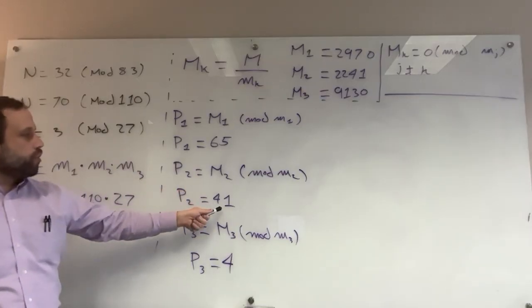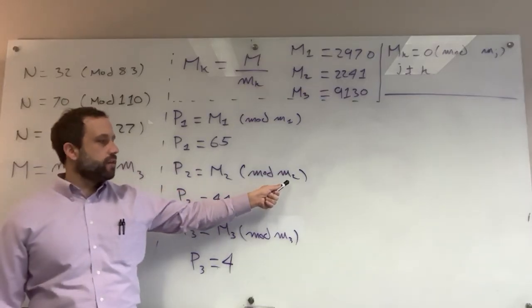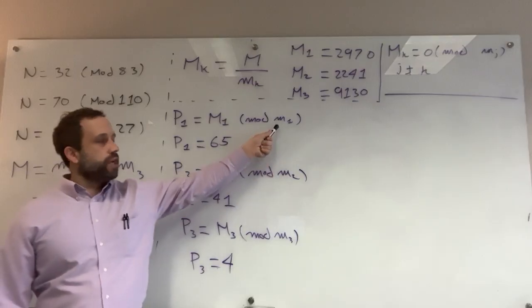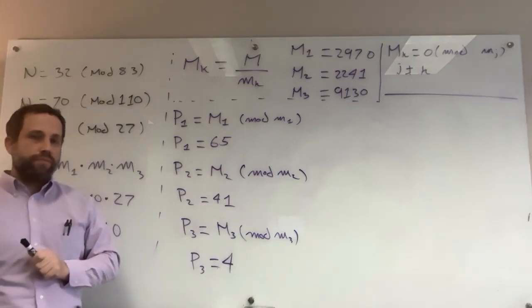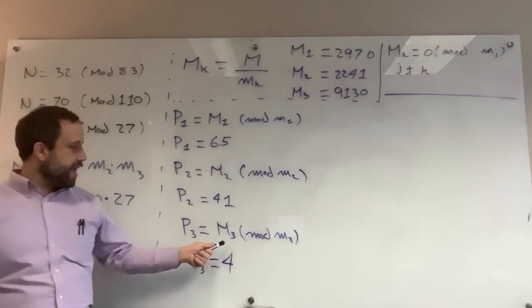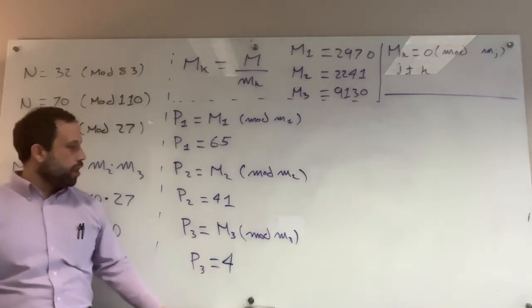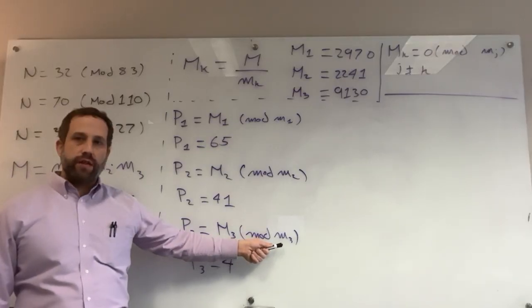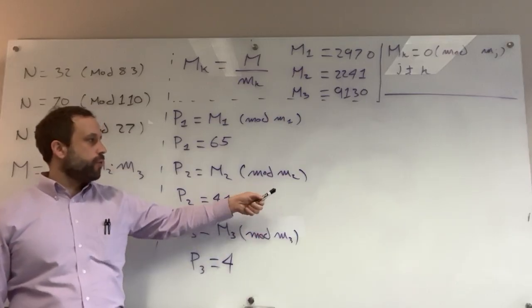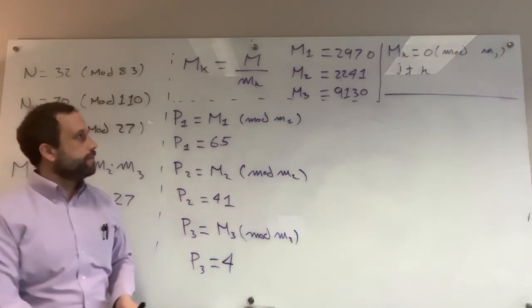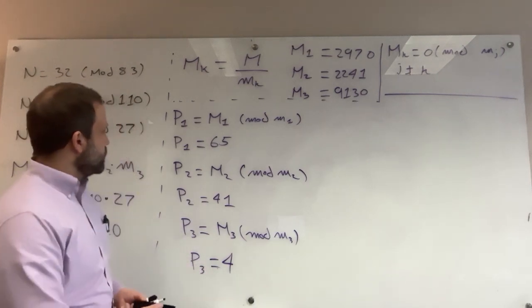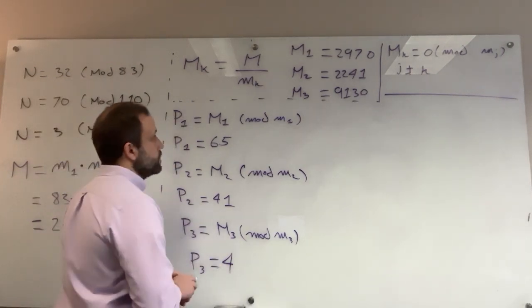M2 is equal to 41 when we reduce by little m2, 0 when we reduce by little m1, and 0 when we reduce by little m3. And finally, M3 is equal to 4 when we reduce by little m3, and it's equal to 0 when we reduce by little m2 or little m1. Okay, so we've got that information with us.